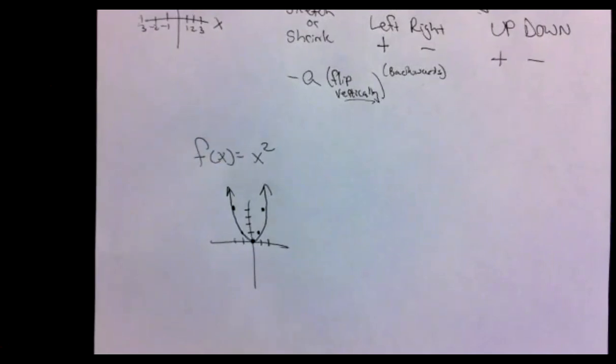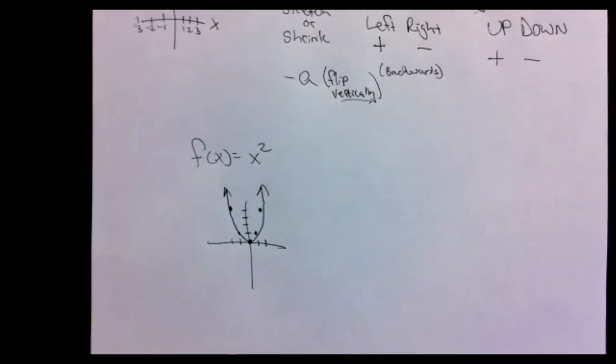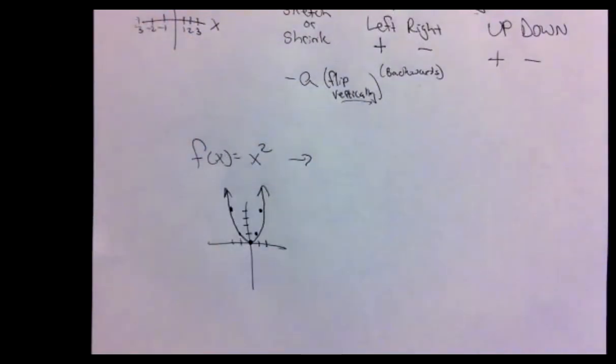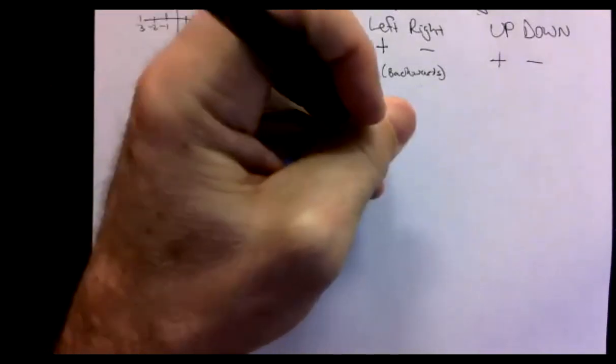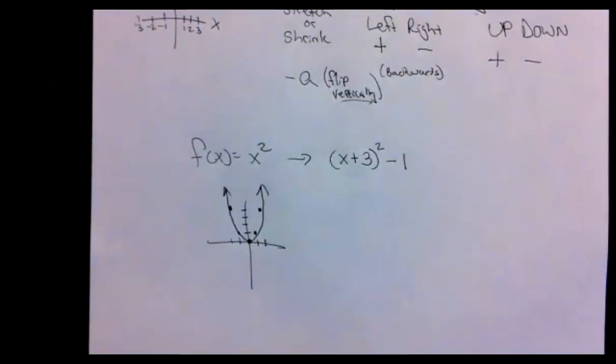It's going to go like so. So if I take this function and I said we're going to do x plus 3 squared minus 1.